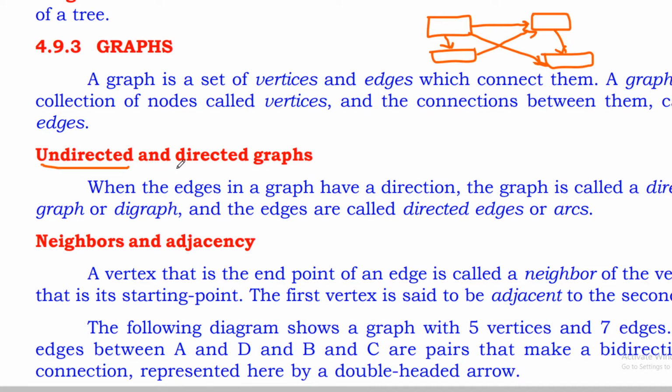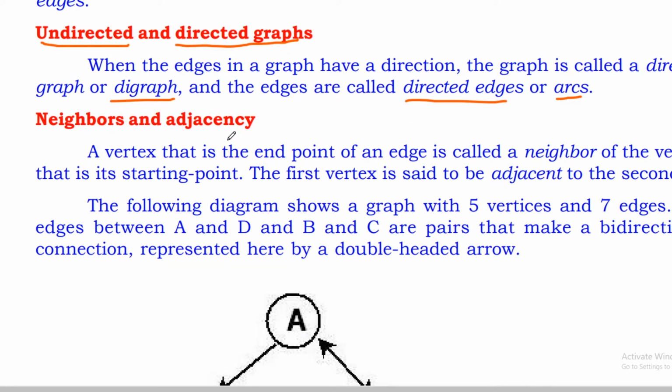One is undirected, another is directed graphs. When the edges in a graph have a direction like this, the graph is called a directed graph or digraph, and the edges are called directed edges or arcs. You can see here I am using directed edges. So it is an example of what we call directed graphs.